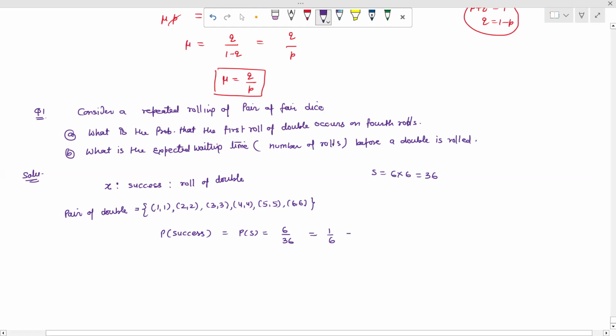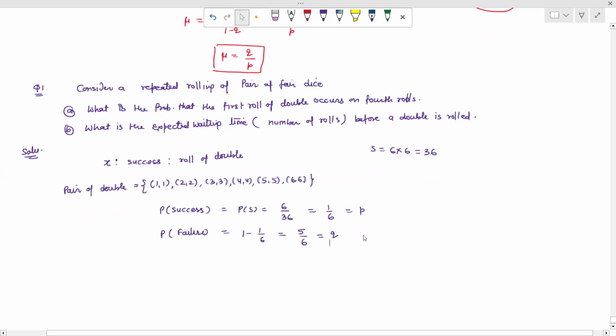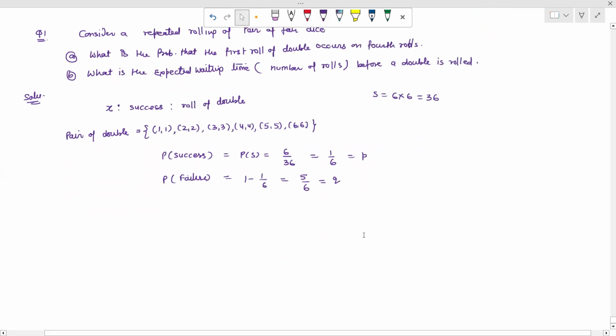This probability of success 1/6 we denote by small p. And the probability of failure means a double will not occur, so that will be 1 minus the probability of success. So 1 minus 1/6 will be 5/6. So this 5/6 can be represented as Q. So the probability of success is p, and the probability of failure is q, that is 5/6.